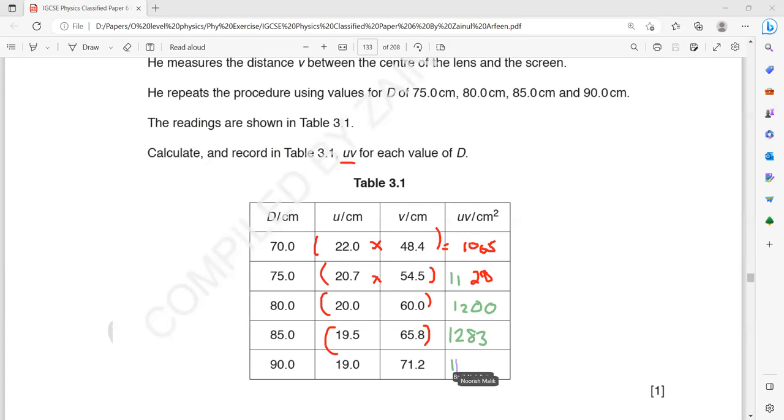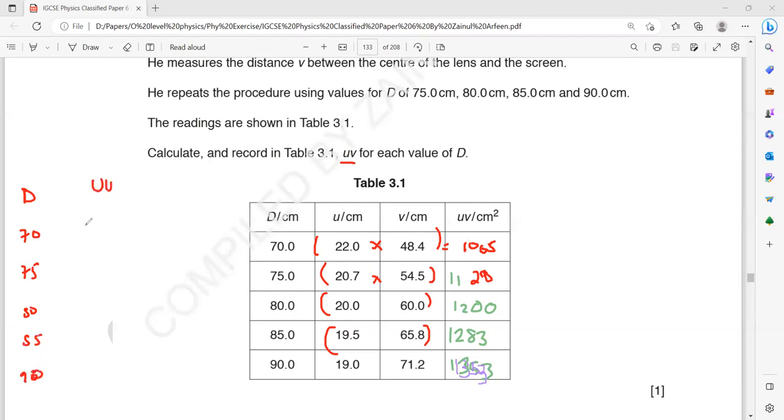1352.8. Okay, so these are the values for u into v for each value of d, because on the next page we have to plot a graph, where d is 70, 75, 80, 85, and 90.